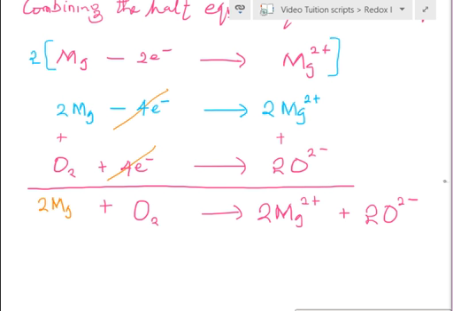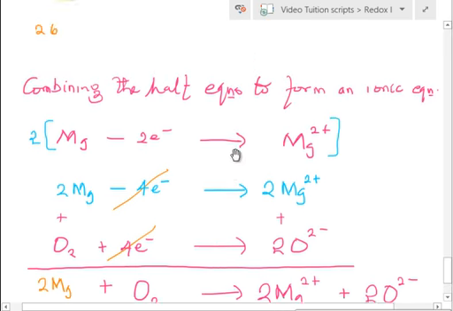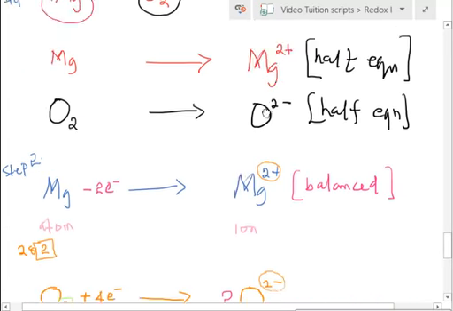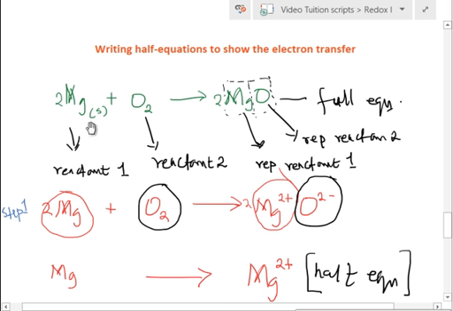So we have seen how to write half equations and how to combine the two half equations to give us an ionic equation. Again, we started with the reaction between magnesium atom and oxygen molecule to give magnesium oxide. This one represents reactant 1, this one represents reactant 2, and this is the representative of reactant 1 in the product, and this of reactant 2 in the product.